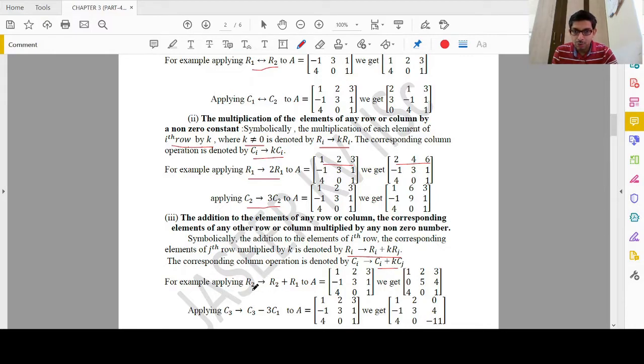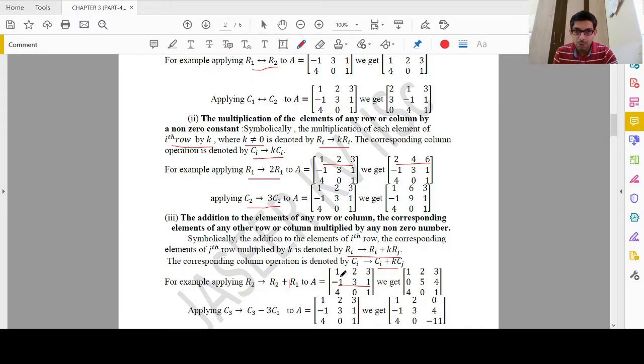For example, suppose we apply R2 changes to R2 plus R1, that is second row plus first row, where the constant k is 1. The second row here is minus 1, 3, 1. That second row will now change to R2 plus R1, so you have to add the corresponding elements.